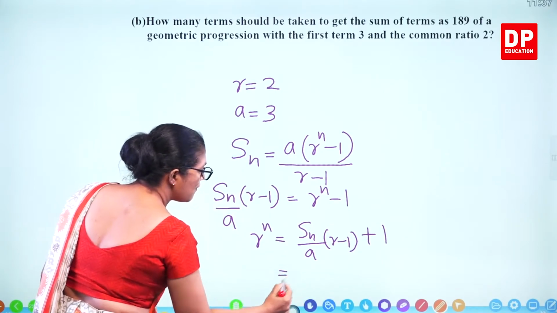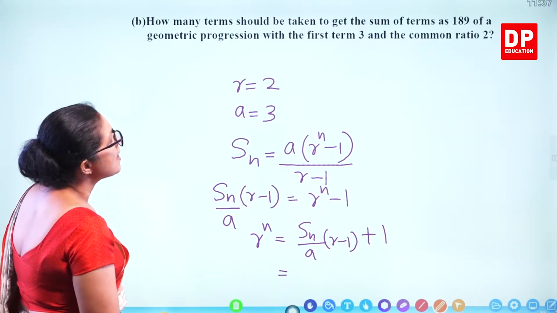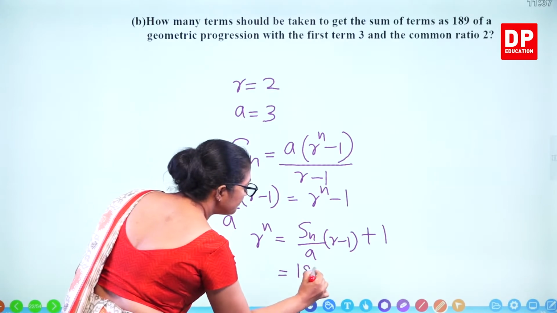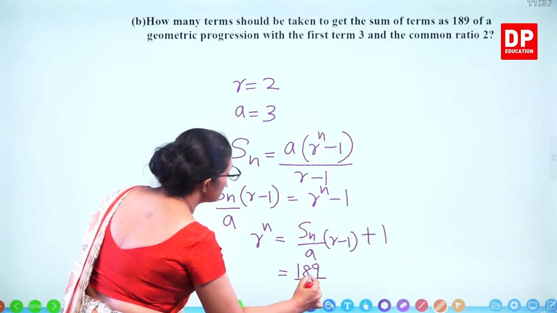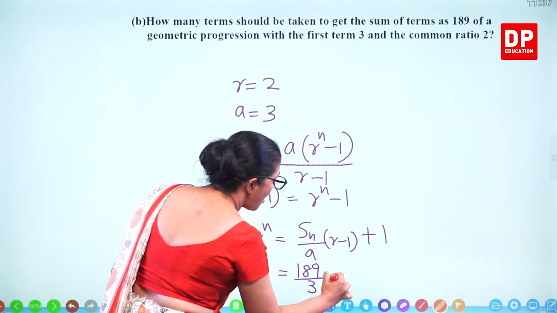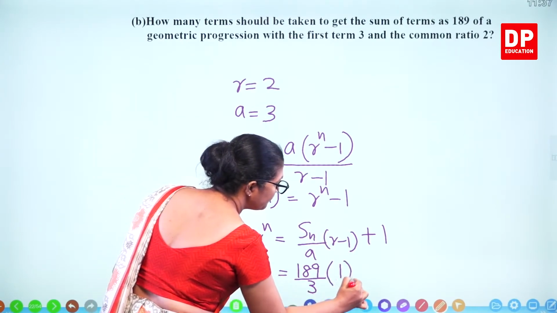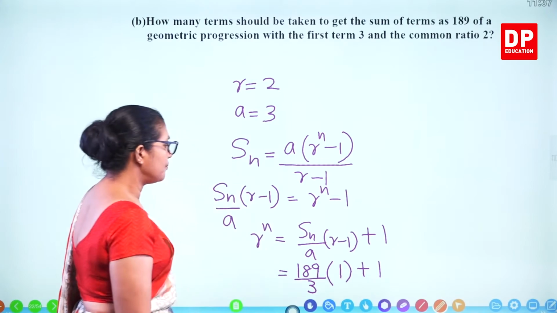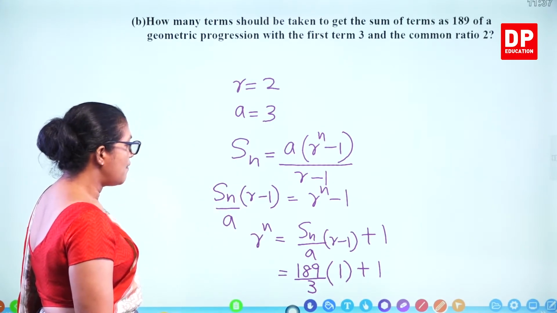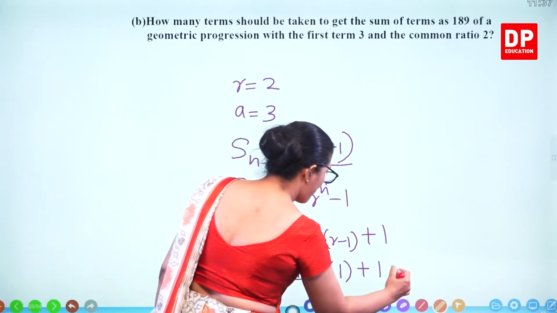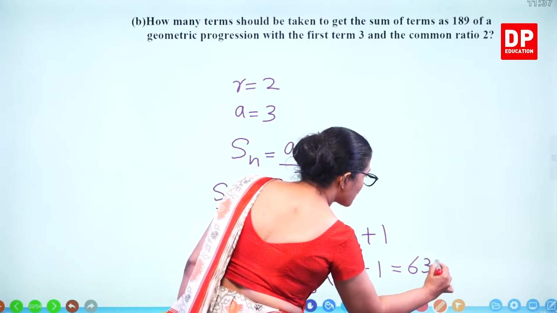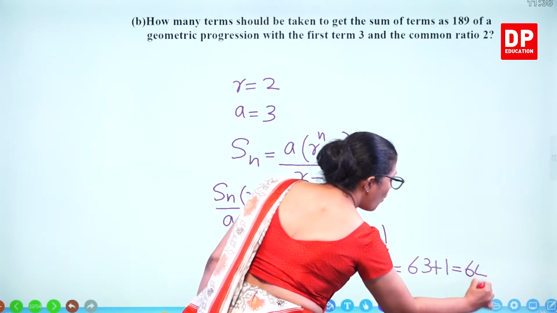Now we'll substitute the values. The sum is 189. First term is 3. Ratio is 2. 2 minus 1 is 1, plus 1. 189 divided by 3, you get 63, plus 1, 64.